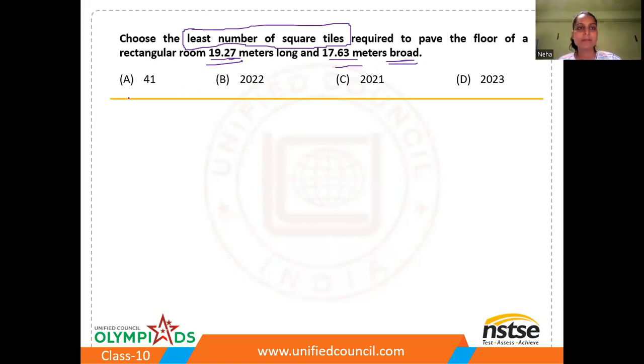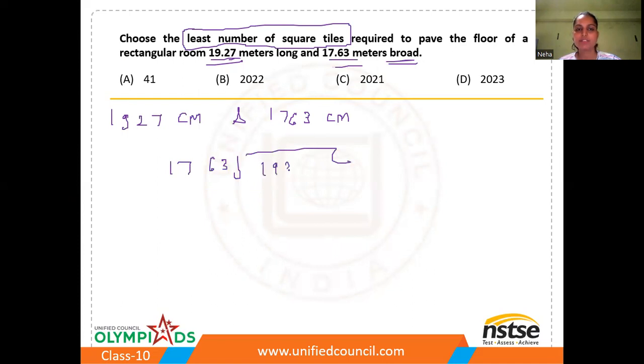So they become 1927 centimeter and 1763 centimeter. Clear? Now I can easily find out the highest common factor. I can use the long division method, right? So 1763, first I can divide it into 1927.